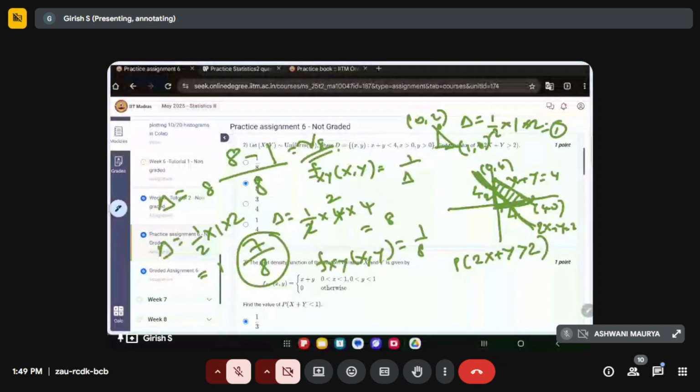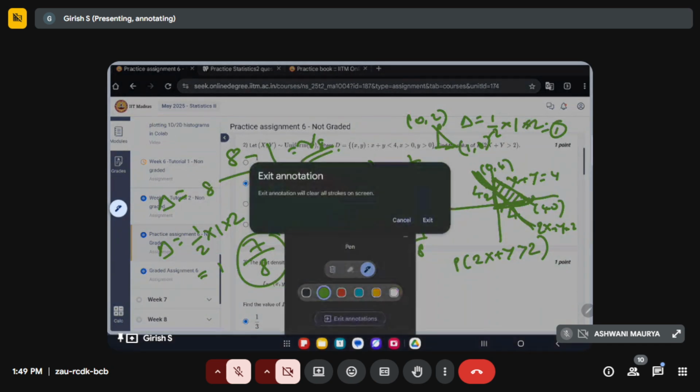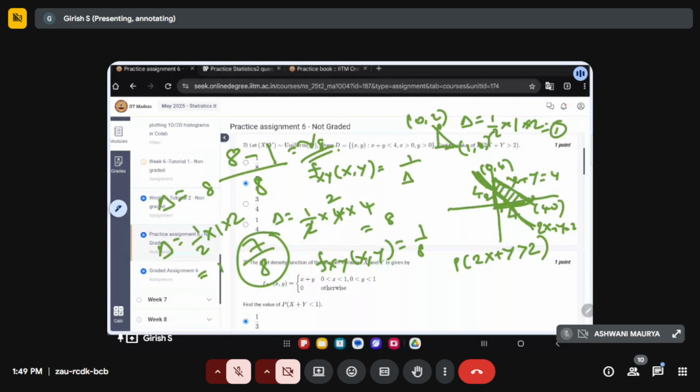Can I erase these annotations, or it's fine, right? Yes, sir.